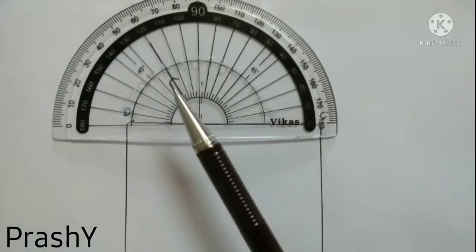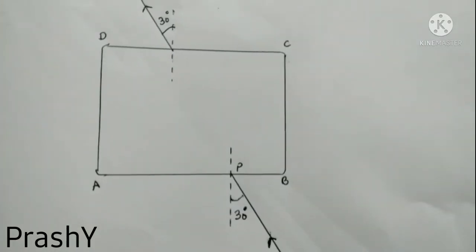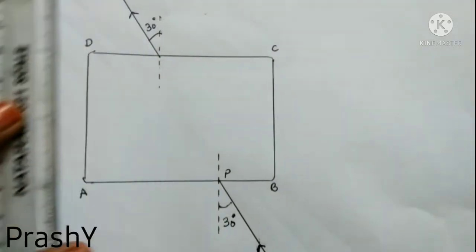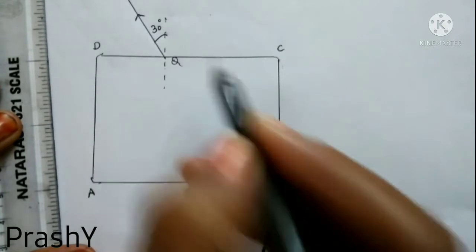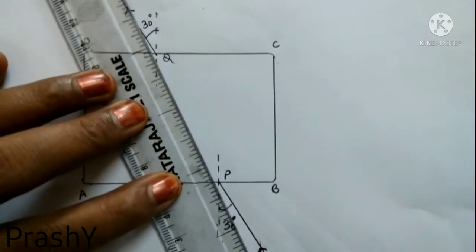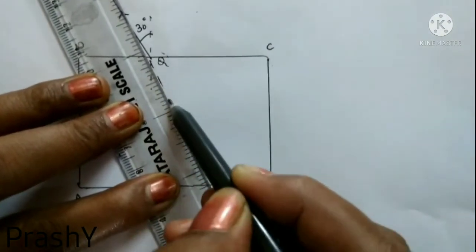So the emergent ray is coming out with an angle of 30 degrees. So let me join these 2 points, P and Q. So this will be the path of the light inside the glass slab.